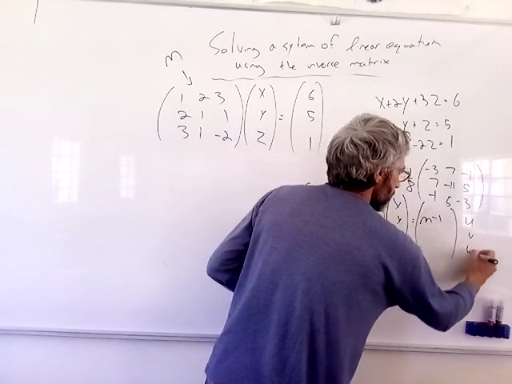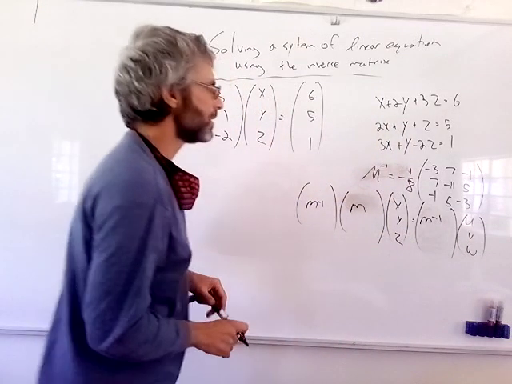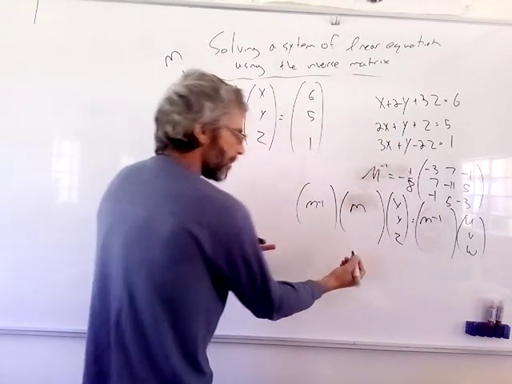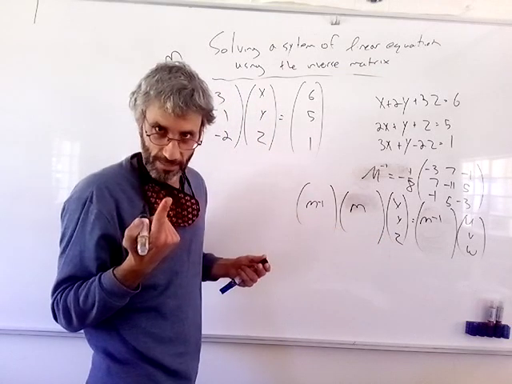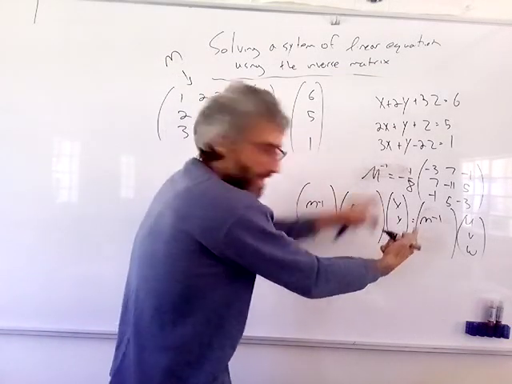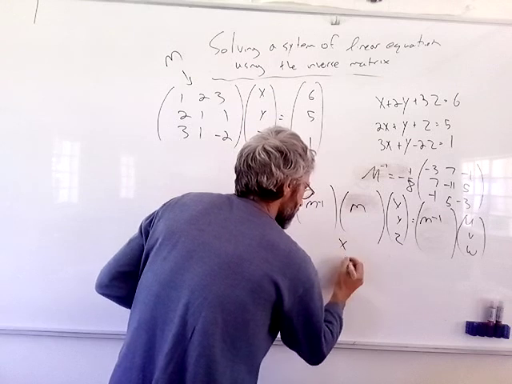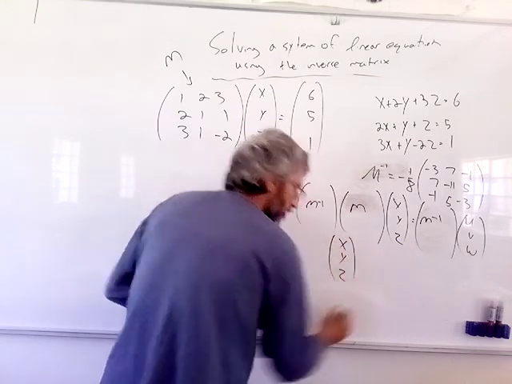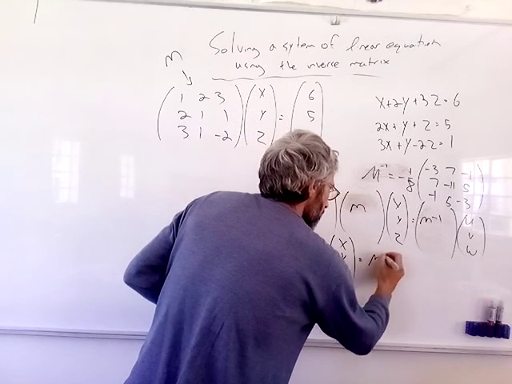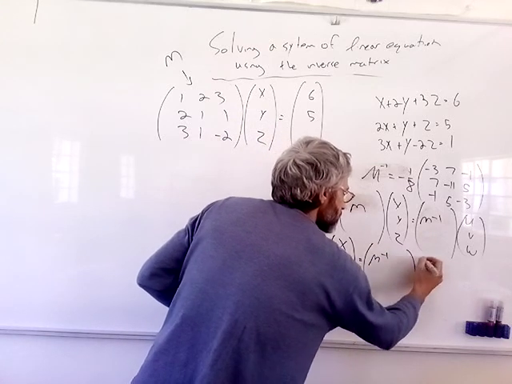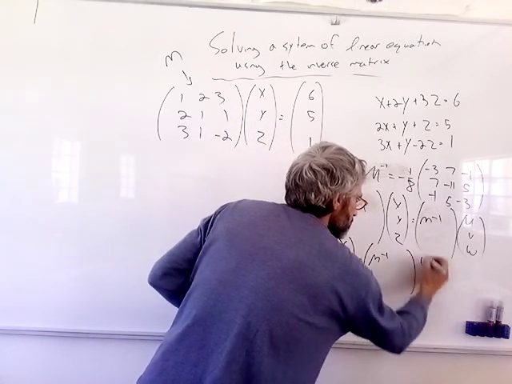U, v, w. Okay? Then, what I'm getting is, because this time that is the identity matrix, and identity matrix times any vector is the same vector, so I'm going to get x, y, z, which are my variables I'm trying to solve, are basically equal to the inverse matrix times u, v, w.